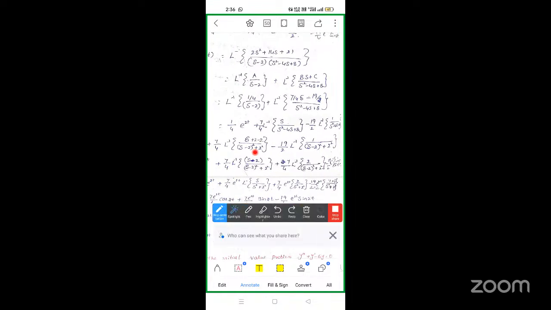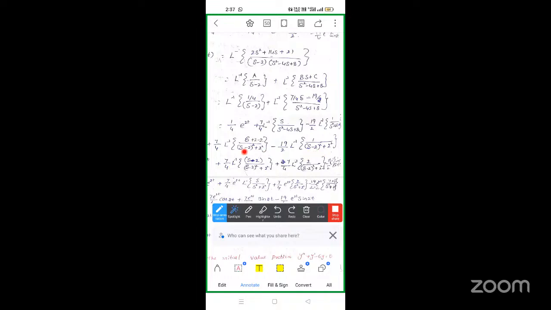In the denominator, a square plus 2ab plus b square: 8 can be written as 4 plus 4, so s square minus 4s plus 4 can be written as s minus 2 whole square plus 2 square. Here also the same in the denominator.